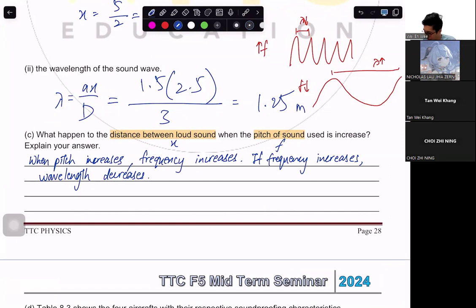Now, when this thing decreases, what happens to the X? So you just have a look. Both of them are on the same level, as in both of them are on top. There's actually a 1 at the bottom one, you just cannot see. So both of them are on top.